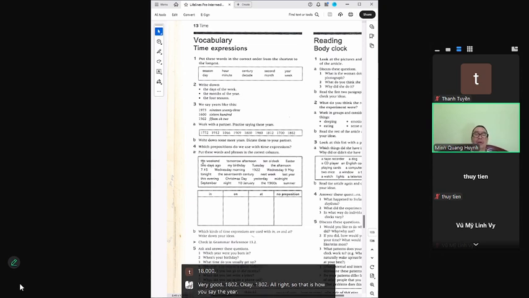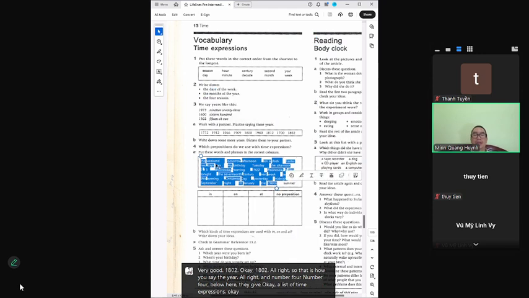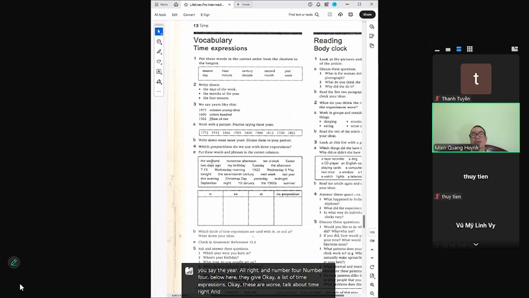All right, and number 4. Below here, they give you a list of time expressions. These words talk about time, and they may go with one of these prepositions: in, on, or at. For example, last time we talked about in the morning, in the afternoon, at night. Each expression here may go with in, on, at, or nothing at all.